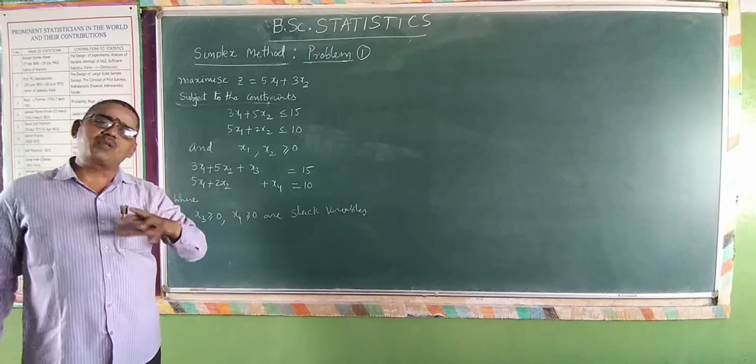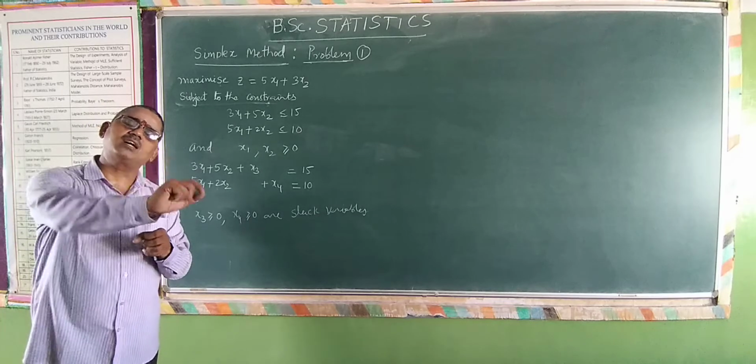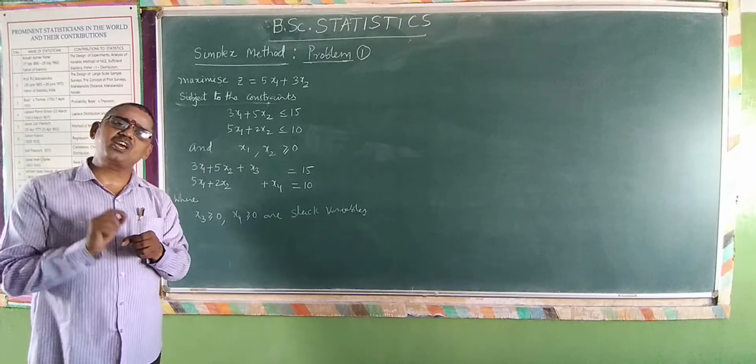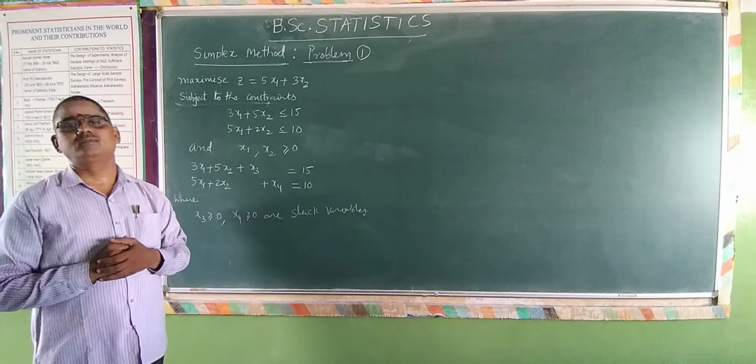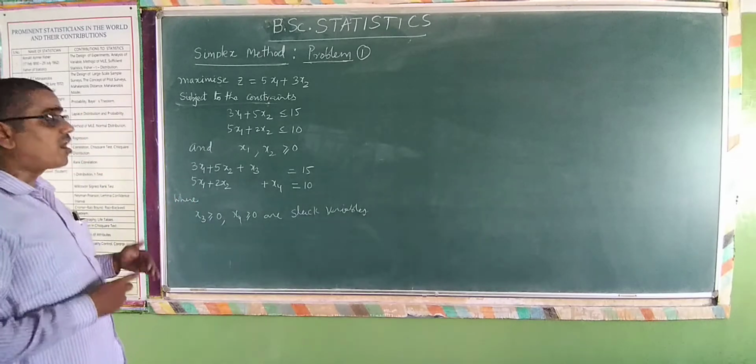The costs of these slack and surplus variables are put as zeros in the objective function. This is called the modified objective function.